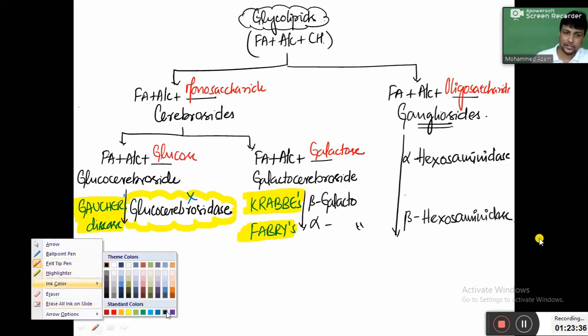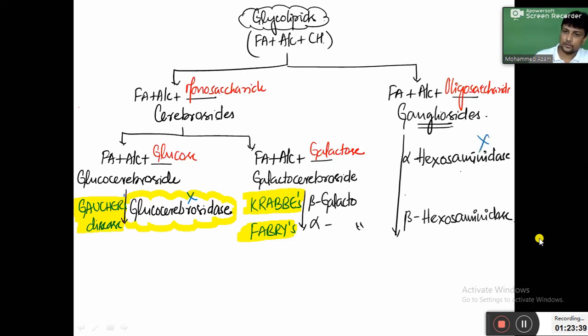Deficiency of alpha hexosaminidase will lead to Tay-Sachs disease. And beta hexosaminidase deficiency will lead to Sandhoff's disease.